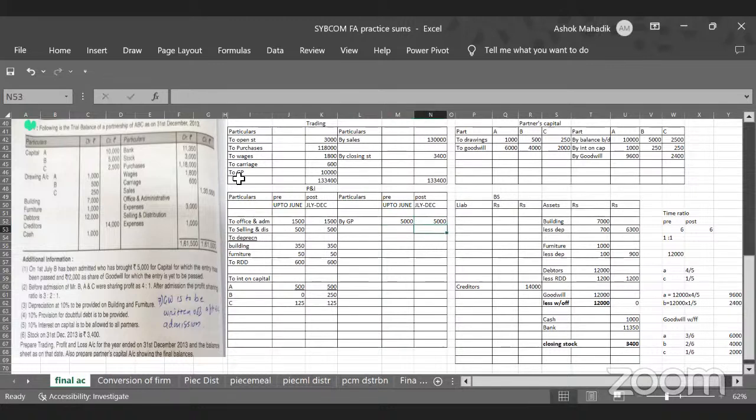I hope this is clear, students. Okay. Now we'll close this account. At the end, I'll take 5,000 each. Okay. 5,000 and 5,000.